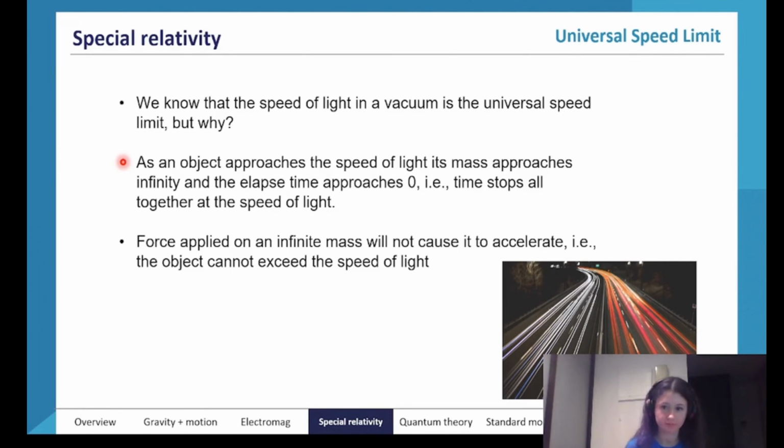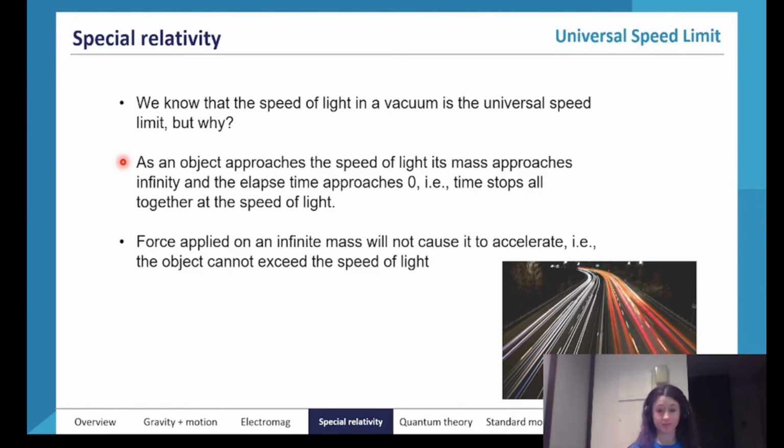As you are putting more and more energy into accelerating this object, as it's getting closer and closer to the speed of light, the energy that you put into accelerating it actually, at an increasing rate, stops going towards accelerating the object and starts contributing to its mass, which sounds crazy at first.